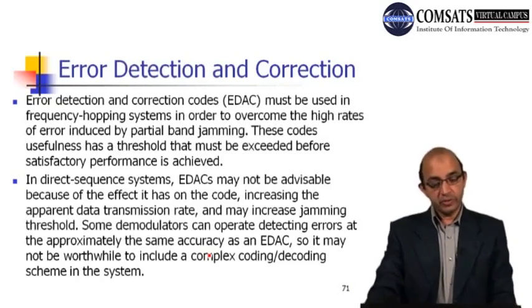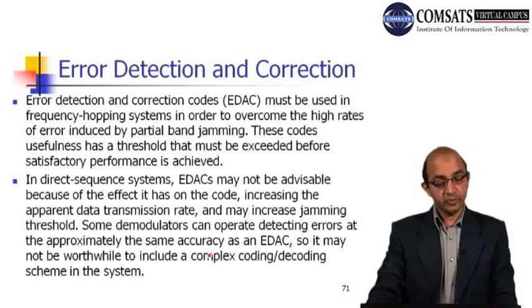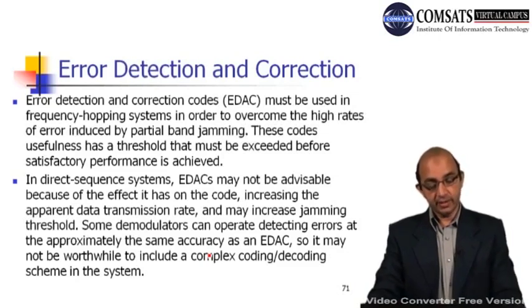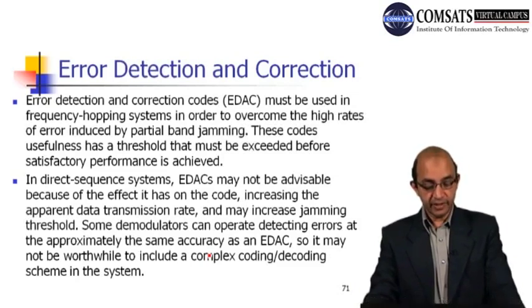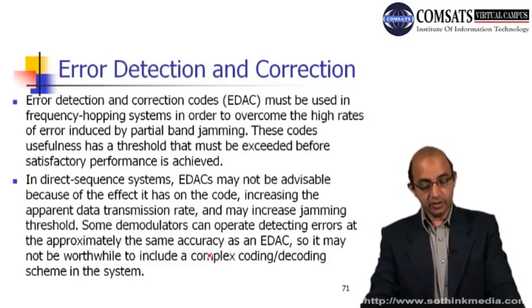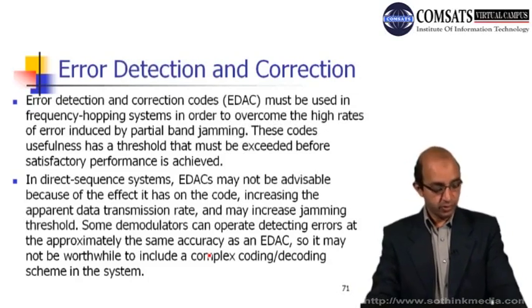It must be used in frequency hopping systems in order to overcome the high rates of error induced by partial band jamming. In direct sequence systems, error detection and correction codes may not be advisable because of the effect on the code that increases the apparent data transmission rate and may increase the jamming threshold, right?